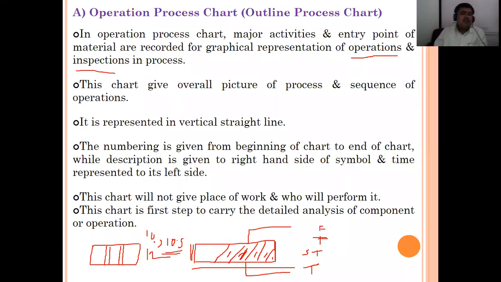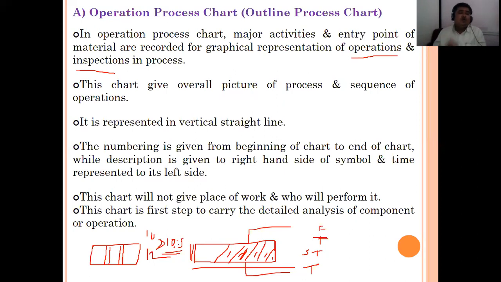If you use 10, it will be less than required. If you use 12, it will be more. So I will use the 10 mm drill, and the 0.5 mm I will remove with the help of a reamer. Whatever the drilled internal surface is, it becomes smooth with the help of the reaming operation. Is it right? So that sequence of operations we should know very well.